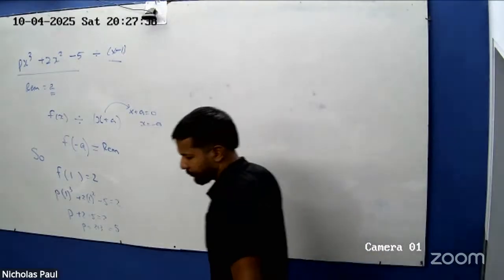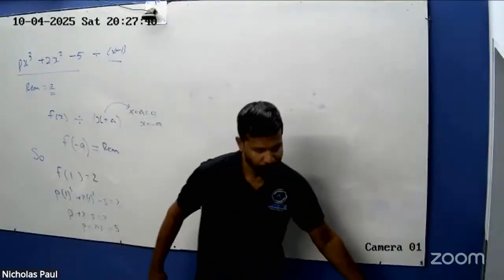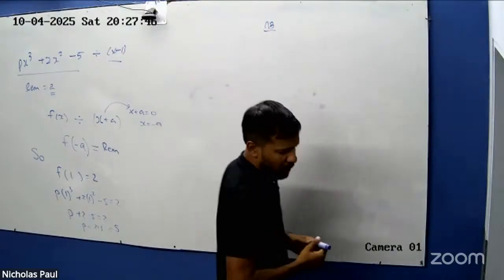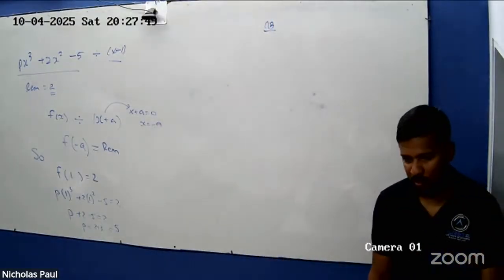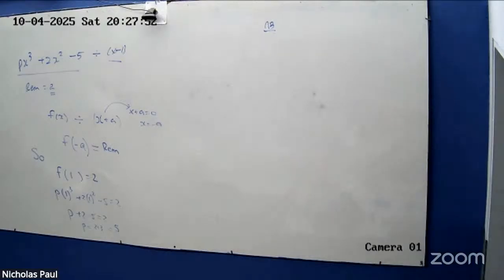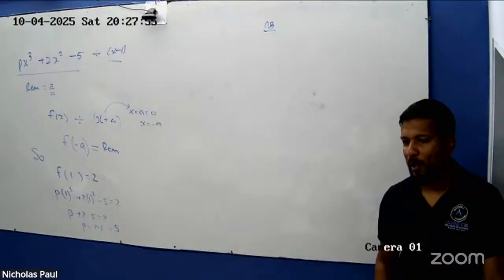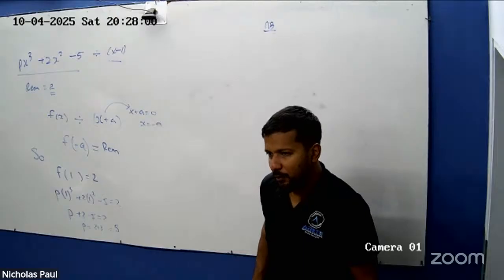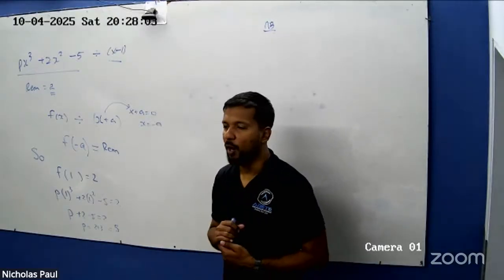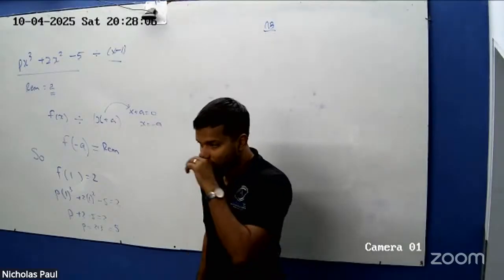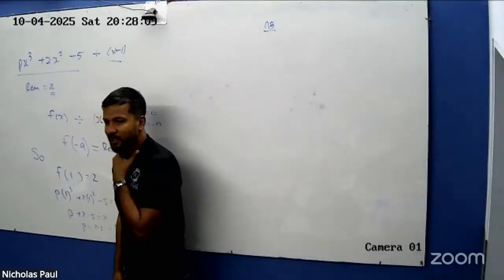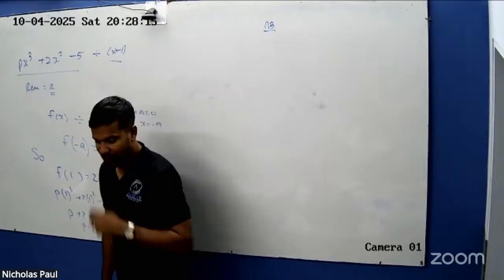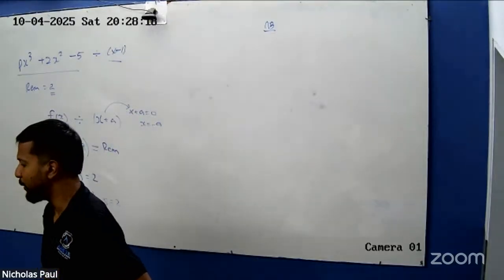Note that when we have one unknown in a question, we need one equation. Then we can solve.